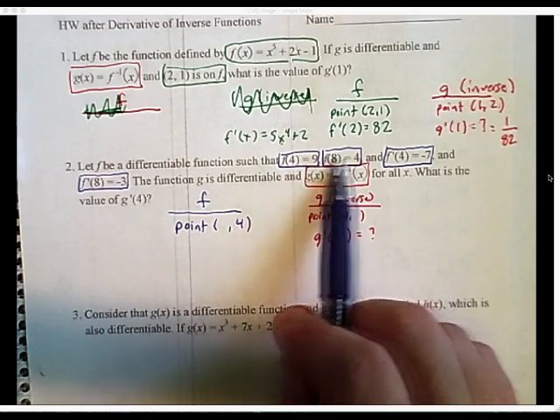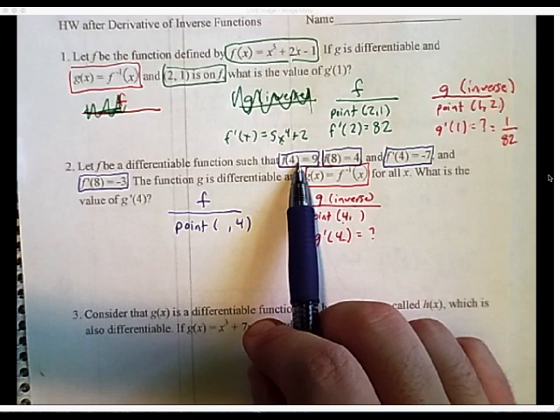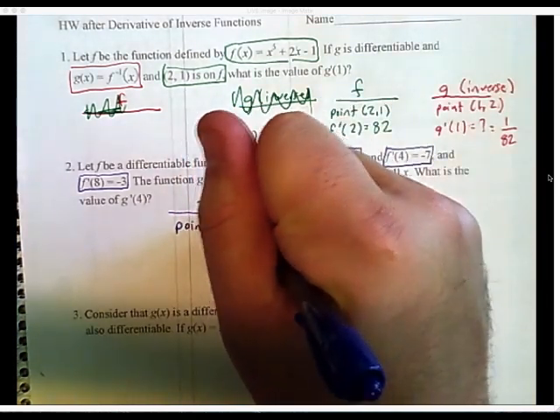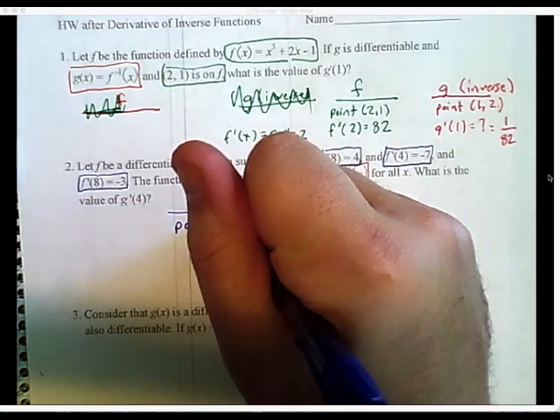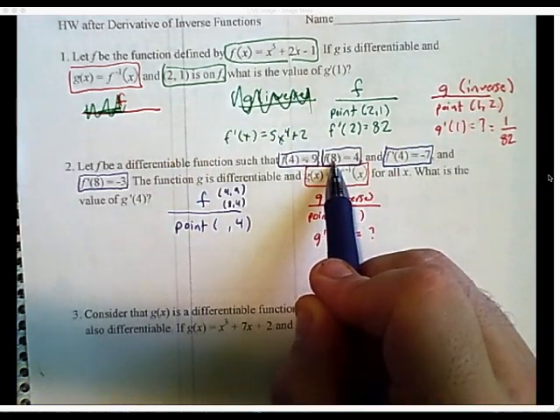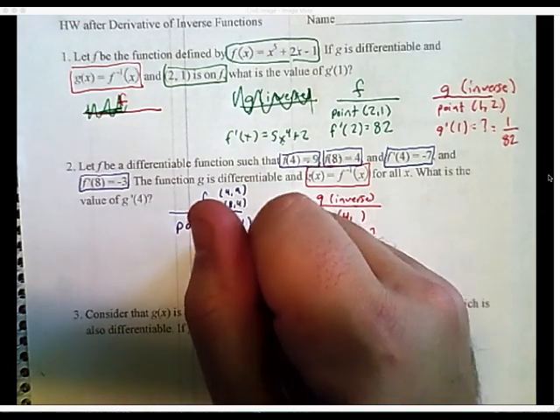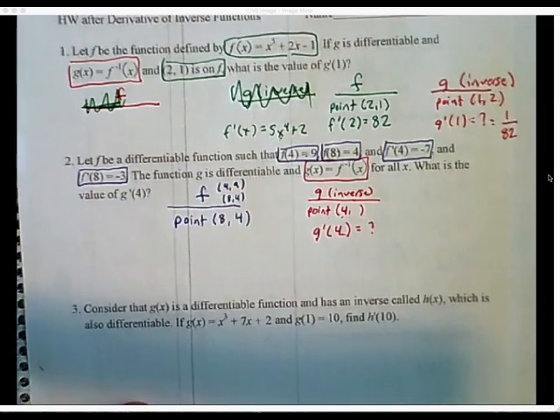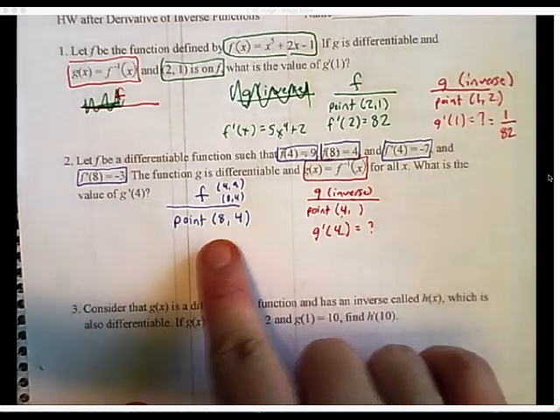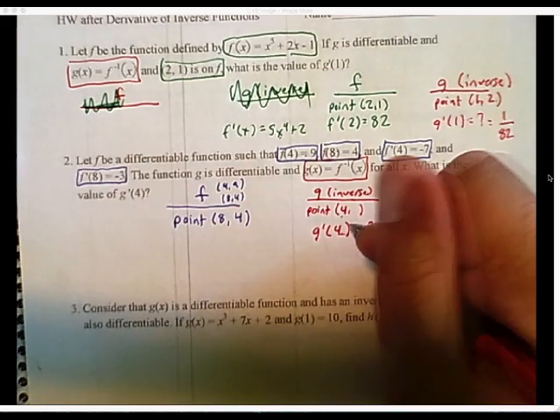Which one of these has a y value of 4? Well, f has 2 points it gives me information about. One is (4, 9), and the other is (8, 4). That's what these 2 pieces of information tell me. I care about the one with a y value of 4. Okay. So the point I care about over here is (8, 4). So if this is the point (8, 4), this is the point (4, 8).